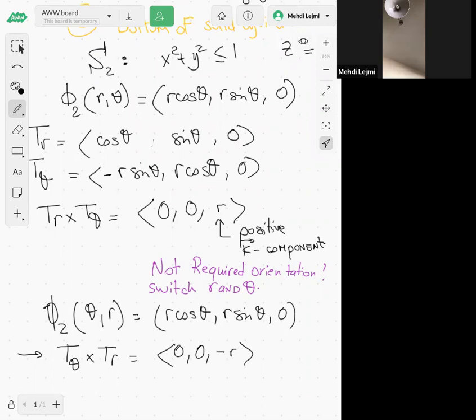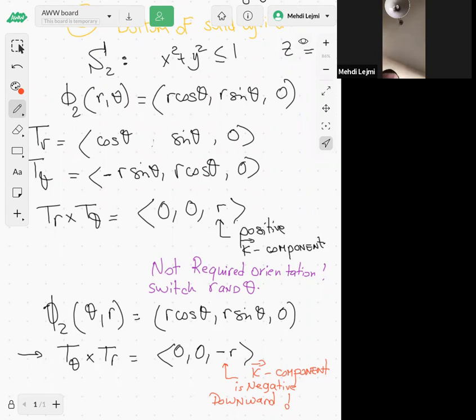And so the k component is going to be negative, and that's what's required by the Gauss theorem. So it's a downward normal vector, and that's what we need. So that's the correct orientation.